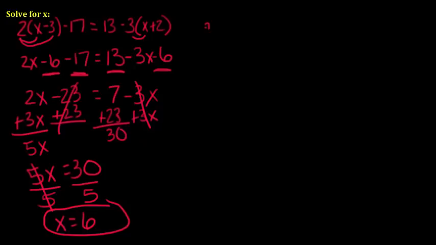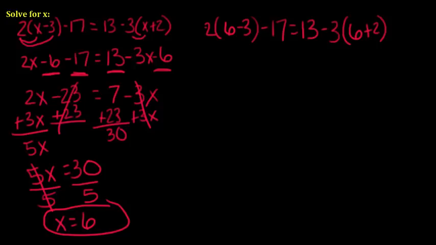So we'll start off with 2 times, so it's x, we'll say 6 minus 3 minus 17 is equal to 13 minus 3 times 6 plus 2. So we'll start with our parentheses and work outwards.